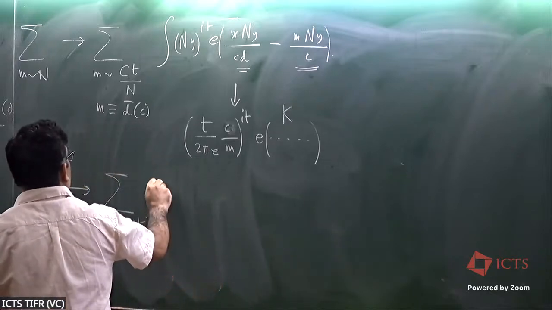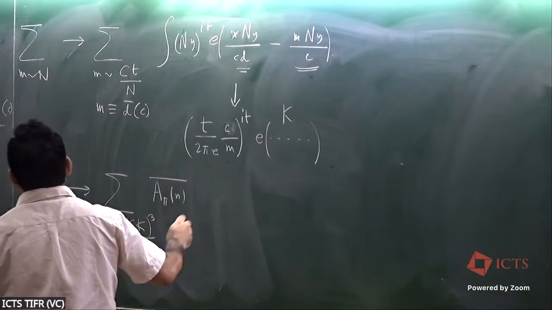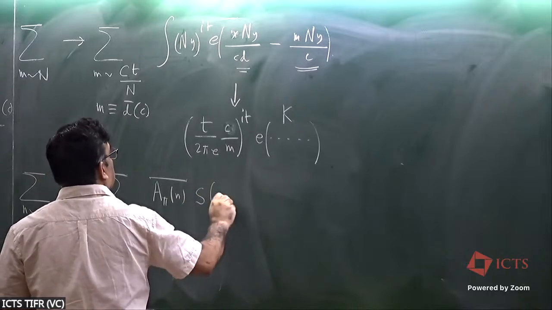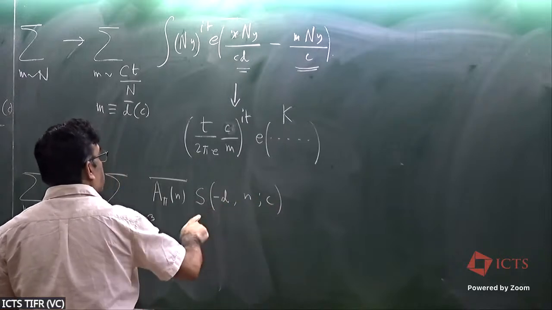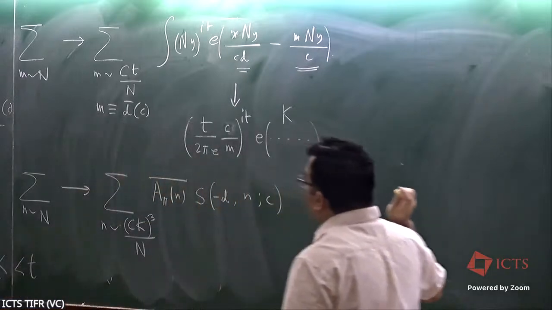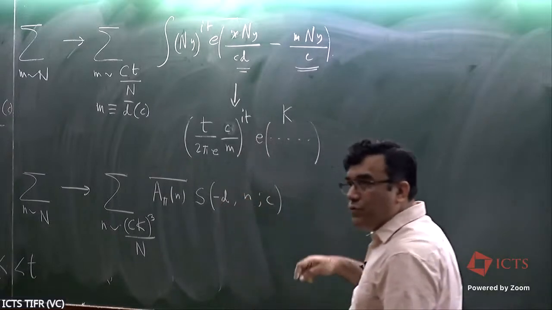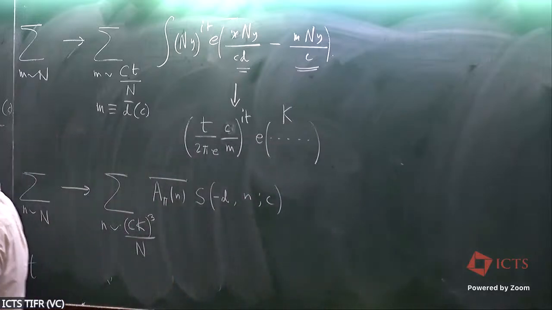And I'll have over here A pi N bar, and then I'll have S D N C. Okay, so this is the KL3, KL2 that I was writing down there, KL D minus 1. So that's the Kloosterman sum. That is the transform of this arithmetic part.